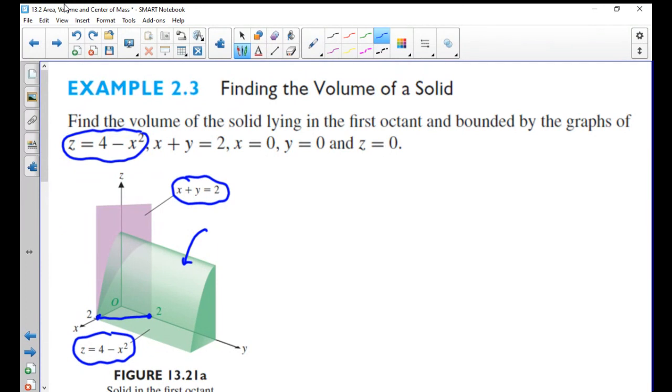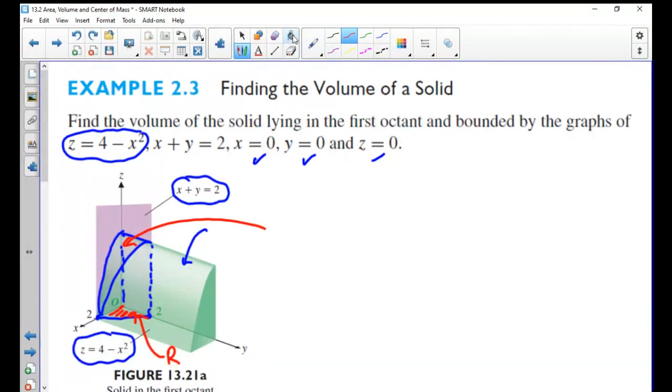And the three coordinate planes again, x equals 0, y equals 0, z equals 0. So in the end, what we will get is a solid which is here, and when you put its projection into the xy plane, you will get a triangle again as the region R.